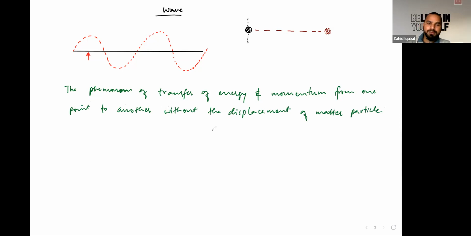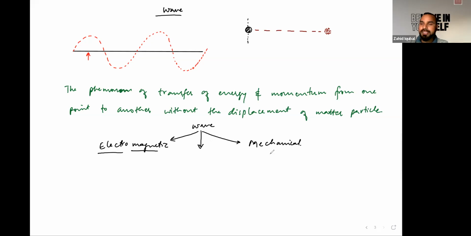Now we may define this wave on the basis of propagation or medium into three different categories. One is electromagnetic, a wave which can travel even through vacuum. Next is mechanical wave, a wave which requires any medium for its propagation.